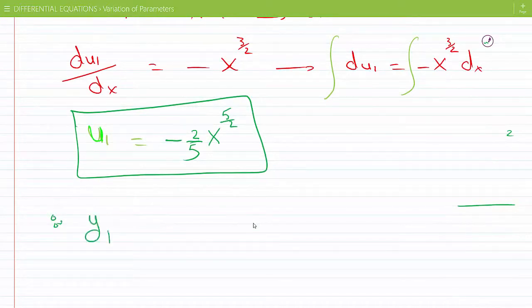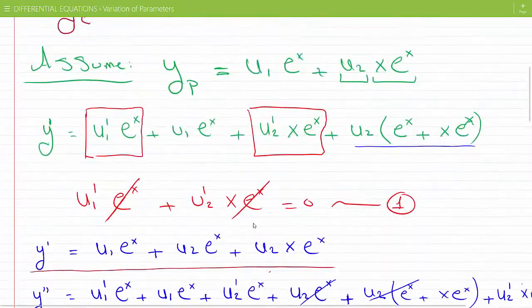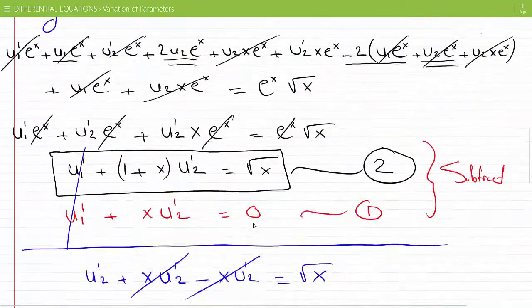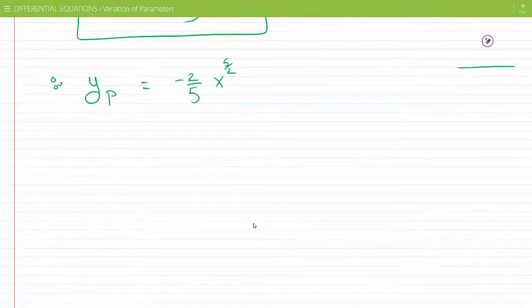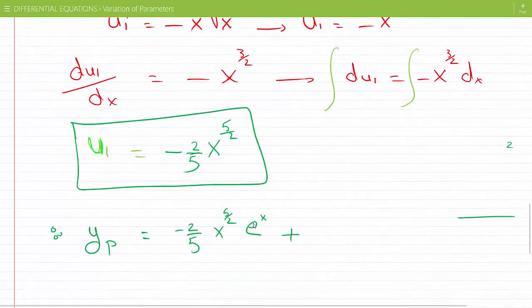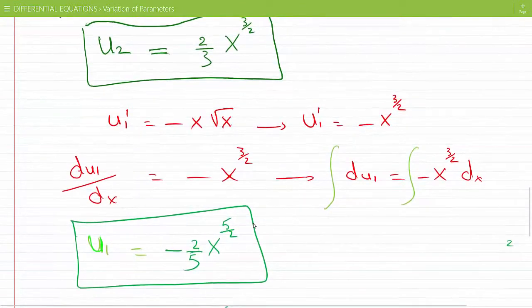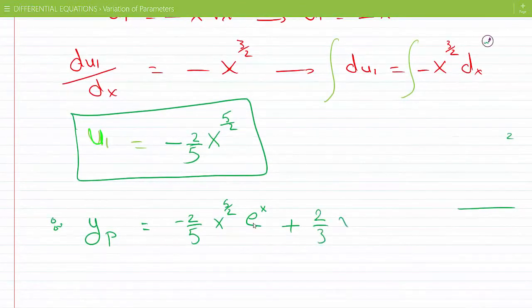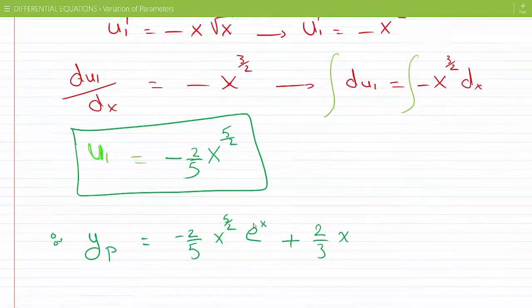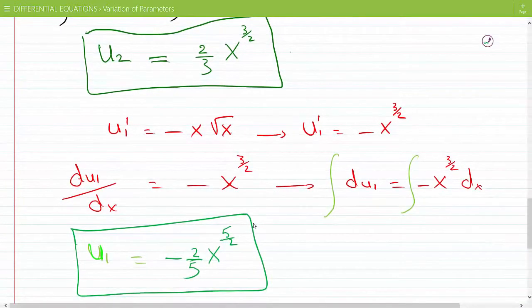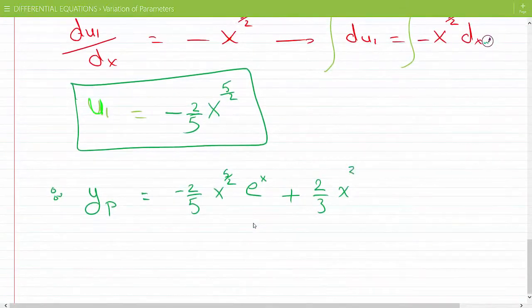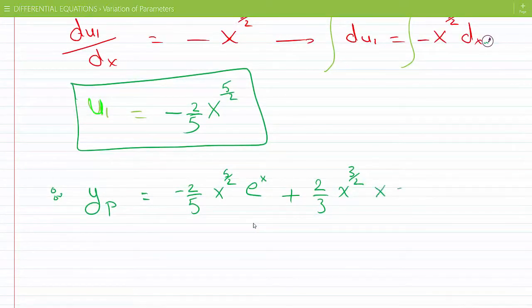Therefore, y particular is just u1, which is minus 2/5 x to the 5/2, times, if you remember, our original assumption e to the x, plus u2, which is 2/3 x to the 3/2, we got it here, times x e to the x.